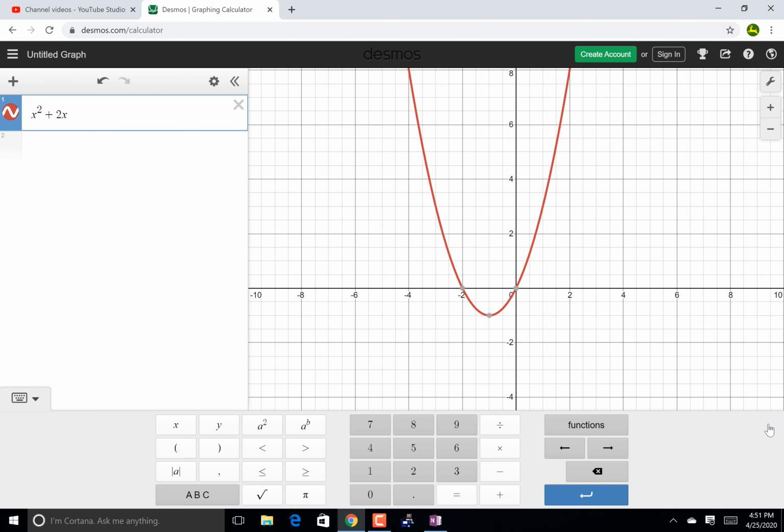X squared plus 2x. You're like, but Jay, it goes negative. Hold your horses, pal. I'm going to go from 0 to 2. X squared plus 2x on the interval from 0 to 2. Now here's my question. Is this a PDF on this interval?